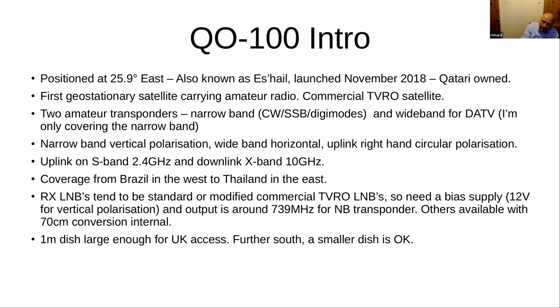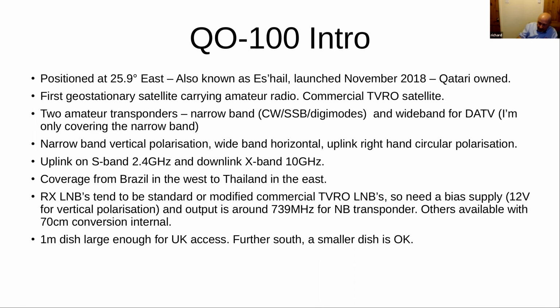So you need to put a bias supply on. Typically, most of us will be using an amateur receiver to receive the signals from the satellite. So what you need to do is put 12 volts for vertical polarization onto the feeder to the LNB, and then that will basically allow you to start to receive the satellite.